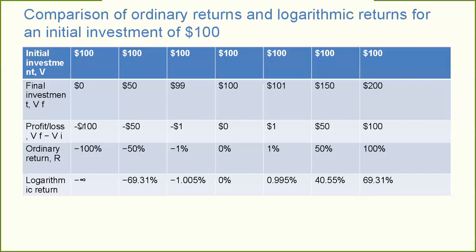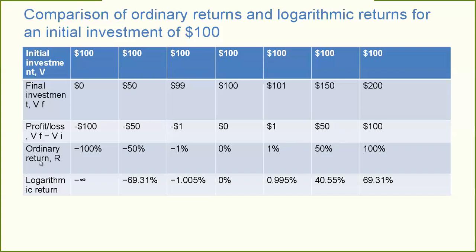If we would like to find only profit or loss as a difference between the value at the end of the period and the initial value, it will be in this case minus 100, this minus 50, this minus $1, this only 0, in this 101 minus 100 is 1, 50, and in this case 100.